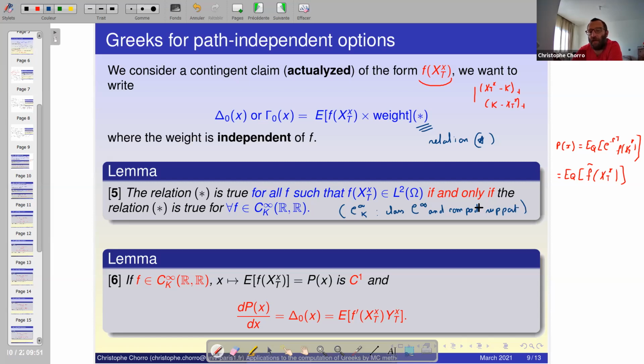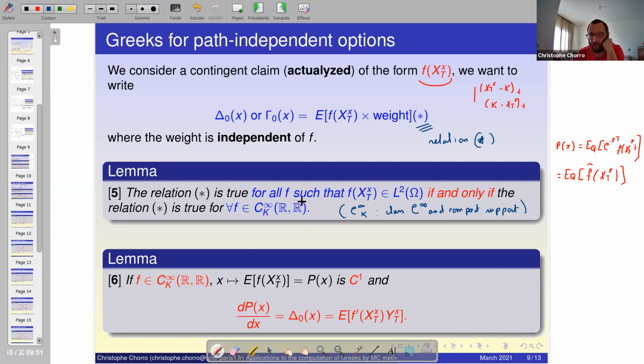Okay, so why do I have this? I have this by classical arguments. First of all, I see that if I have it for all this f here, the one that makes f of x capital T in L2, of course, I have it for the f that are of class C infinity with compact support, because if I am of class C infinity with compact support, in particular, I am bounded, so this random variable is in L2.